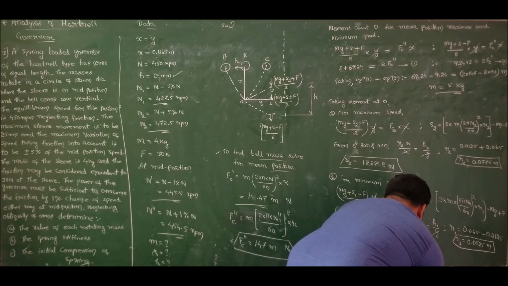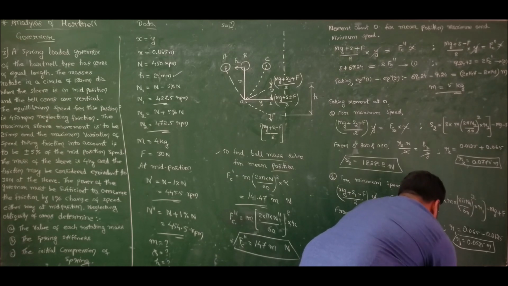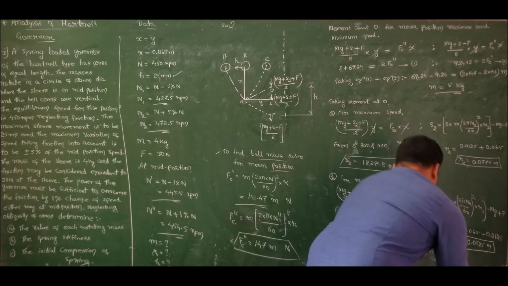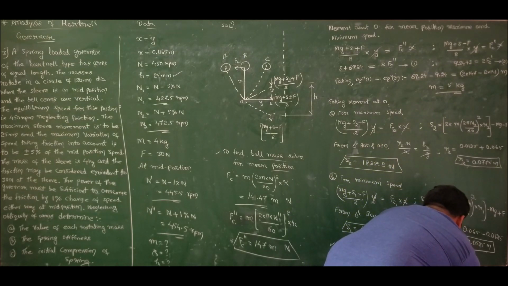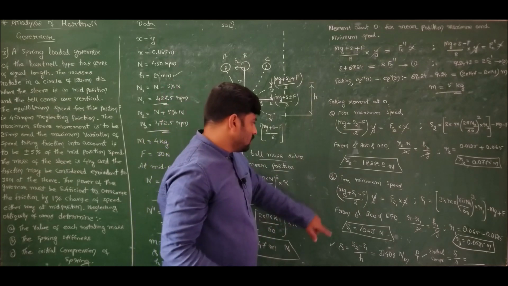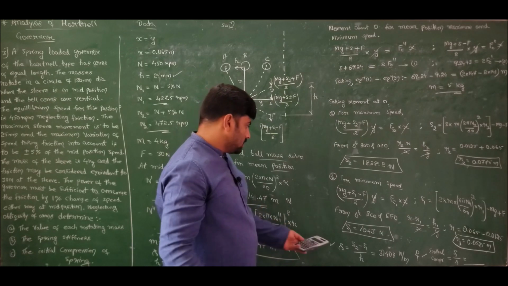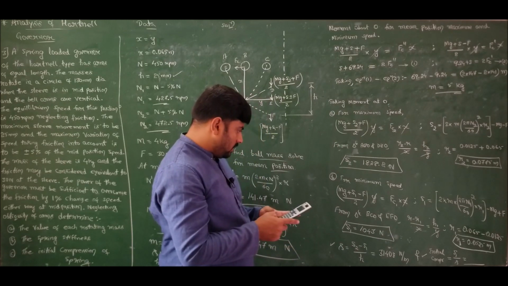And the initial compression is equal to force by stiffness, that is S1, the initial force, by stiffness. So initial force S1 is how much? 1043 by stiffness 31408.